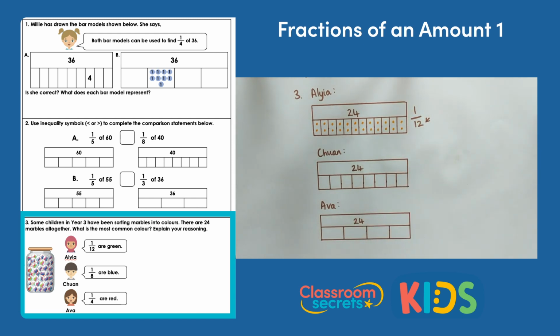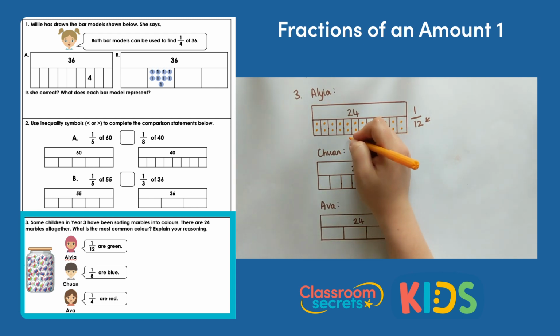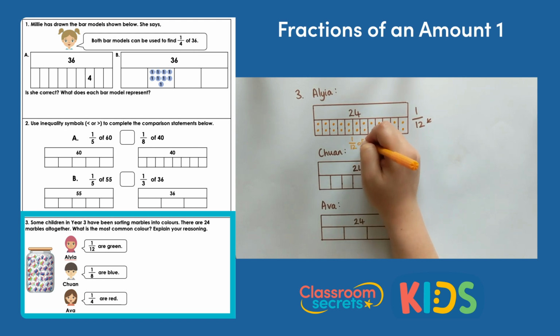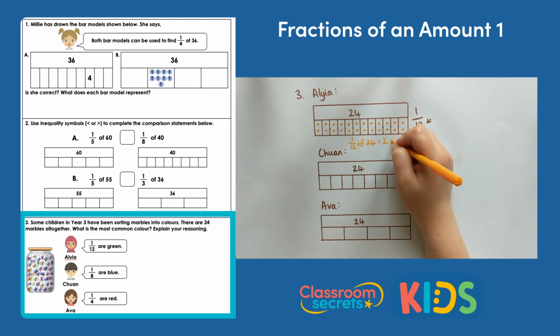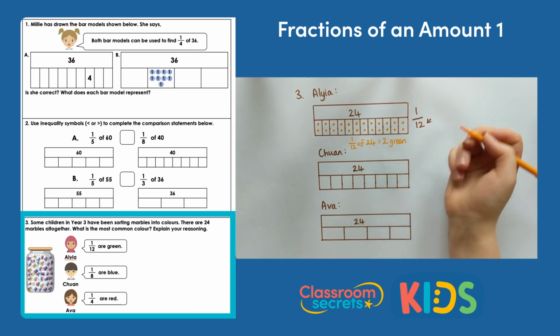So as you can see, there are 2 marbles or 2 dots in each part now. So that tells me that 1/12 of 24 equals 2. And Alia said that 1/12 are green, so I know that that means 2 are green.